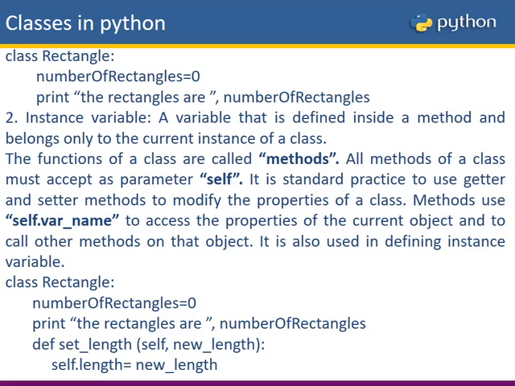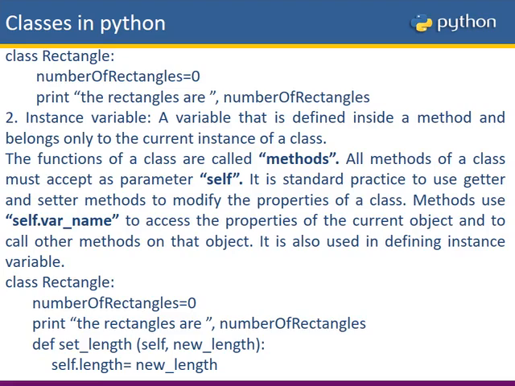Methods use self dot notation, self.var_name, to access the property of the current object and to call other methods on that object. It is also used in defining instance variables.